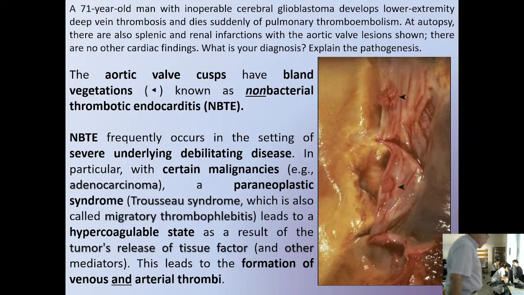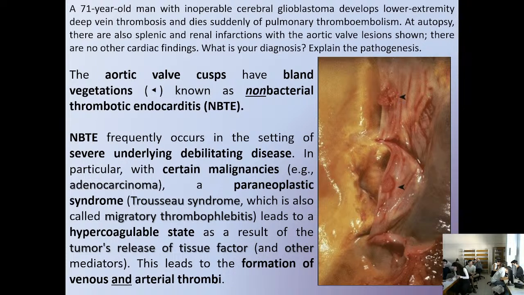However, since there are vegetations on the cusps of the aortic valve, what can they form? They can detach and make emboli. And this justifies the emboli found in the spleen and the kidney.